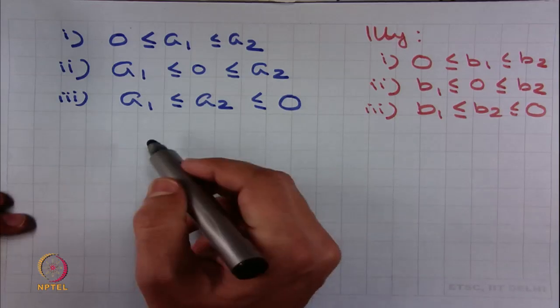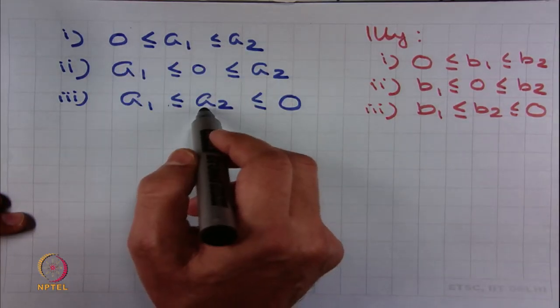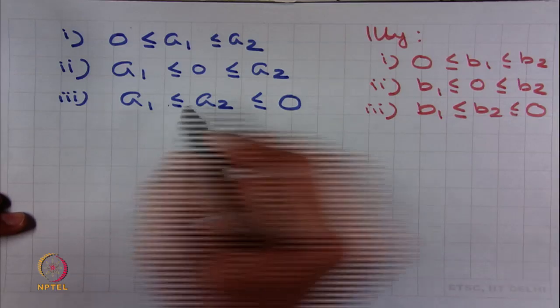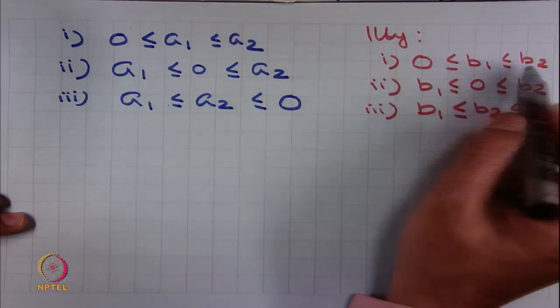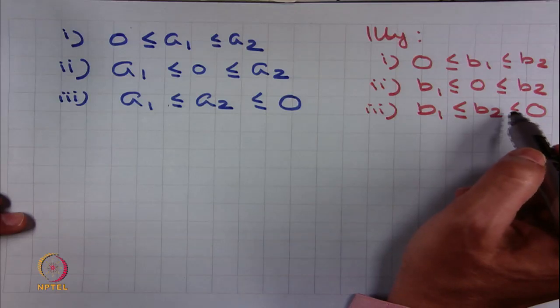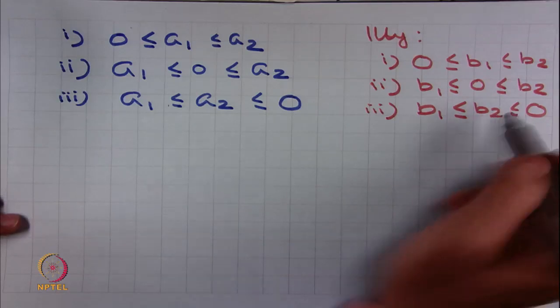Now, for A, any of the three situations can be a possibility. Similarly, for B, any of the three situations may be a possibility.